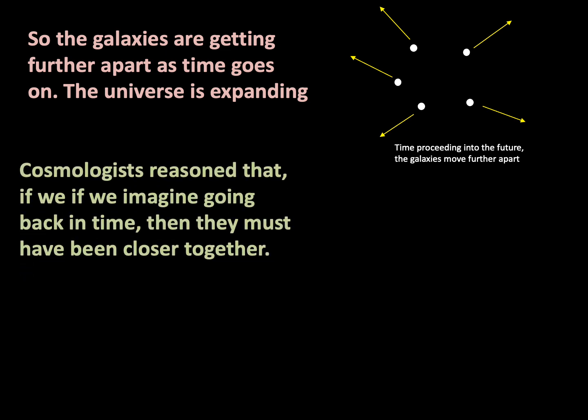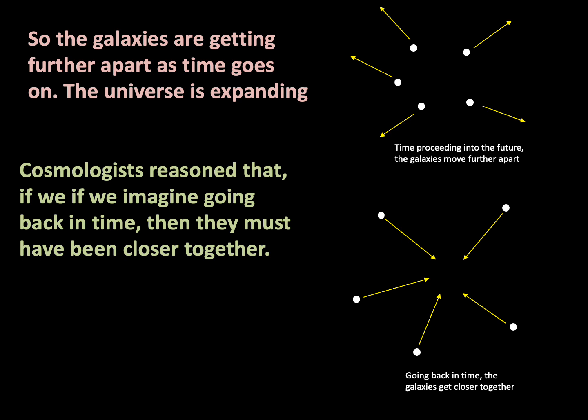Cosmologists, when they discovered Hubble's ideas, thought to themselves, okay, if all galaxies are moving further away from each other, let's imagine that we were going back in time. That must mean that if we go back in time, the galaxies would then get closer together again.